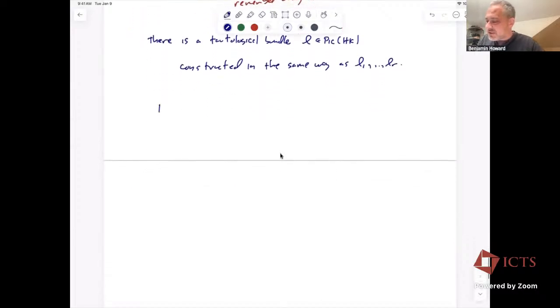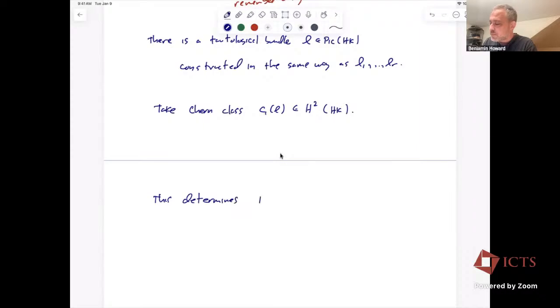Take its first Chern class, c_1 of this tautological bundle, in the degree 2 cohomology of the Hecke stack. This determines an endomorphism of the higher direct image.